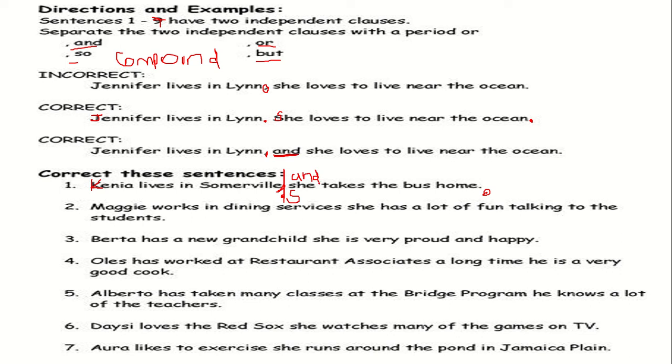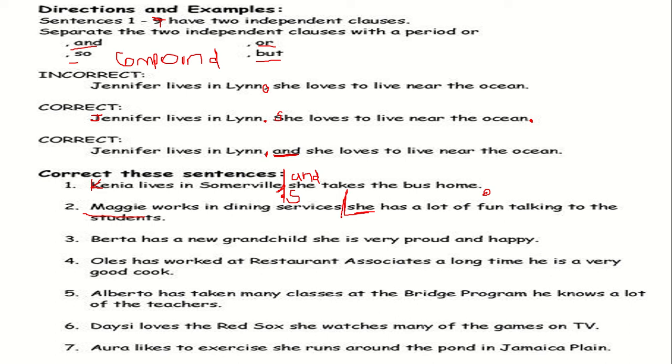Okay? I will help you with the second one. Maggie works in dining services. She has a lot of fun talking to the students. Now, remember that she is the pronoun that takes the place of a noun, the antecedent of the first sentence. So we know that Maggie is one subject and she is another subject. So right here is where one sentence ends and the other begins.